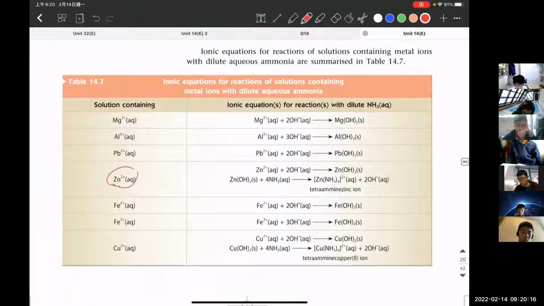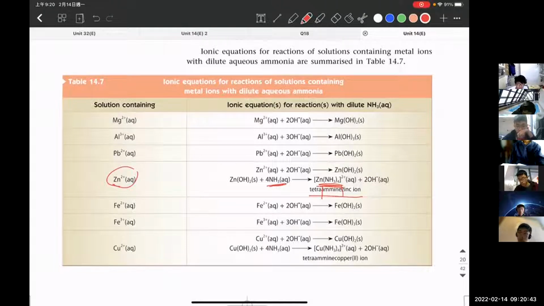Besides, we've got one more, the zinc ion. The zinc ion will redissolve in excess ammonia to form the tetraamminezinc ion. Now, remember, zinc ion, when we write zinc 2+ ion, it's because zinc has just one oxidation state.